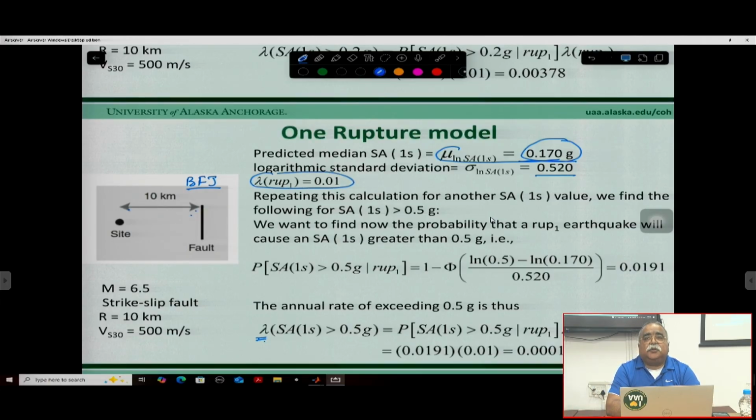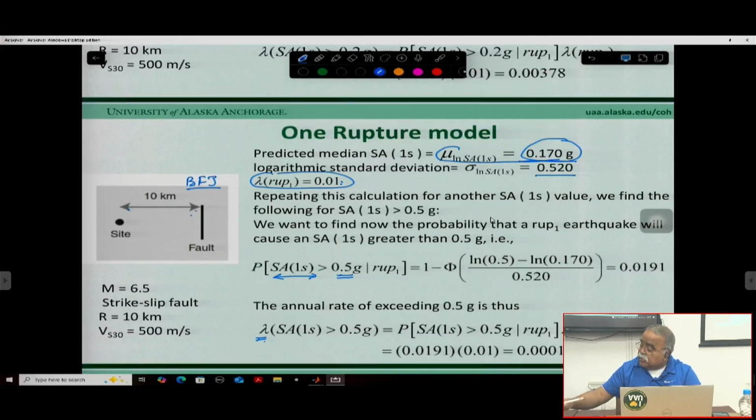So that is your calculation. Then we calculated the probability that at 1 hertz, at 1 second, the spectral acceleration will exceed 0.5 G. So that is what we were trying to calculate.